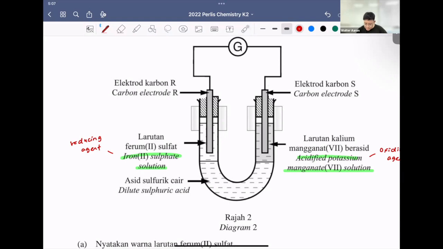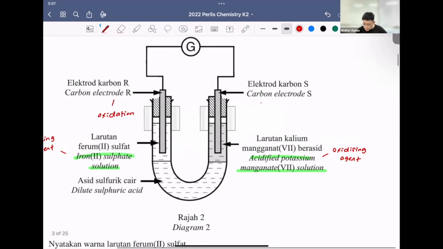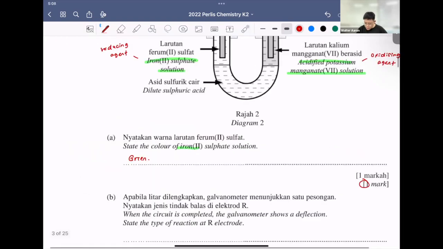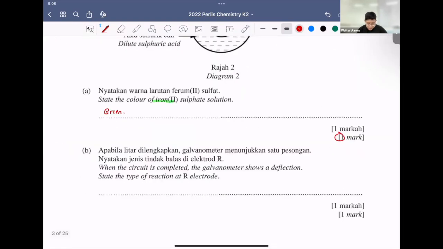Since this is the reducing agent, electrode R will undergo an oxidation reaction, while at the other side you should see a reduction reaction. So the type of reaction that you'll see here is oxidation. Writing oxidation will give you 1 mark straight away.